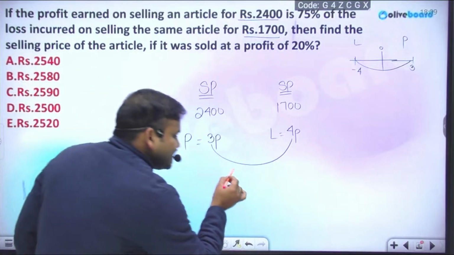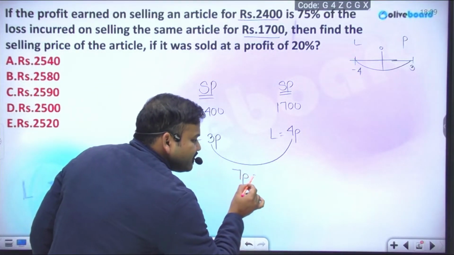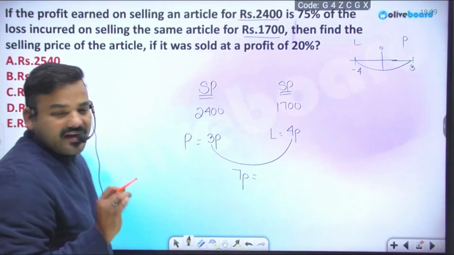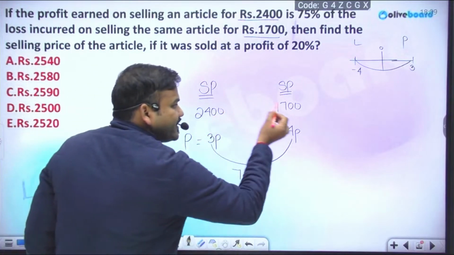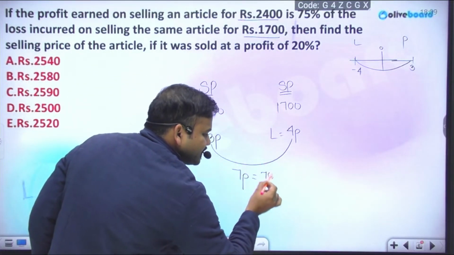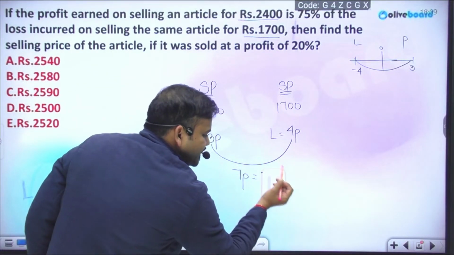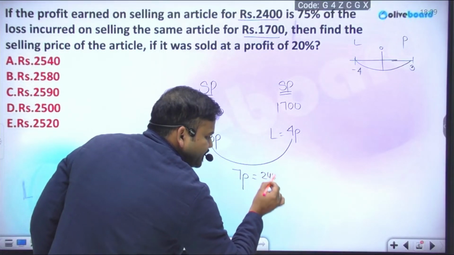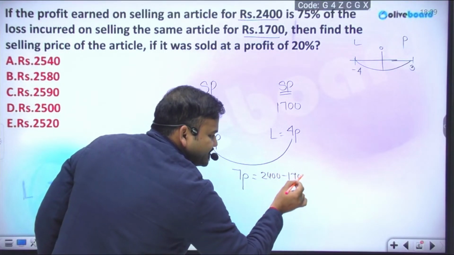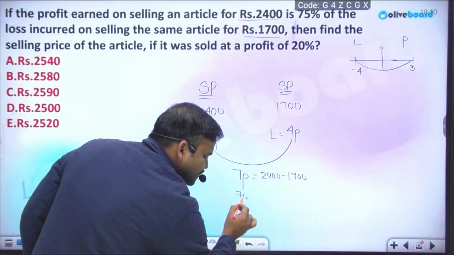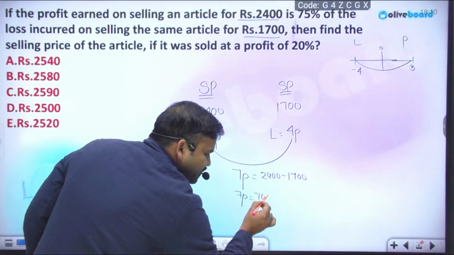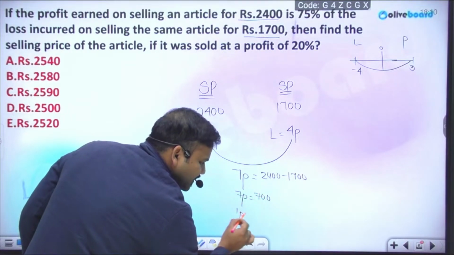So there is a change of 7 units, which is equivalent to the change of selling price. And the change of selling price is what? 2400 and 1700 have a difference of 700. So this is the approach of solving this question. So 7 units is 700. That means 1 unit will be 100 rupees.